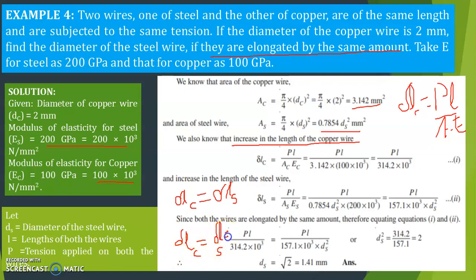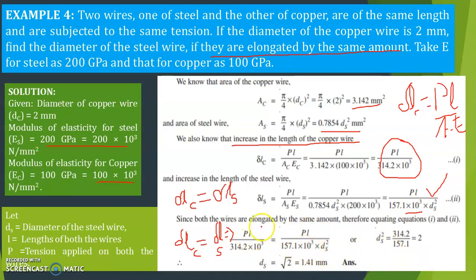That implies delta LC, that is PL divided by 314.2 into 10 raised to 3, is equal to delta LS, the deformation of the steel wire, that is PL divided by 157.1 into 10 raised to 3 into ds square. So substitute here and simplify this equation.